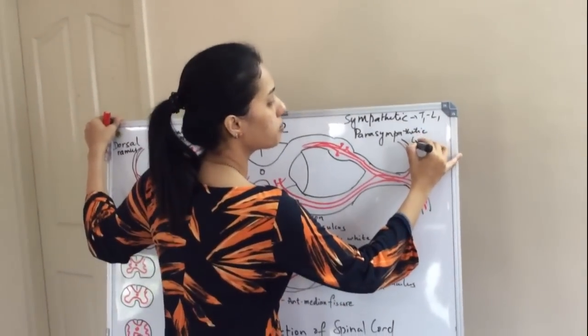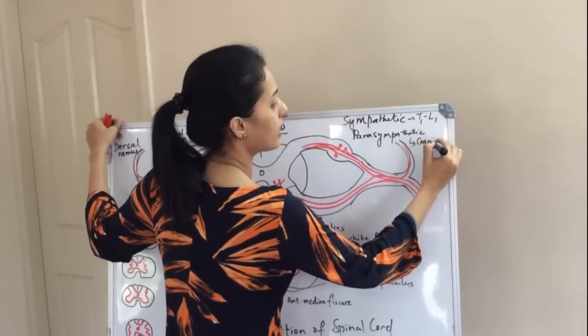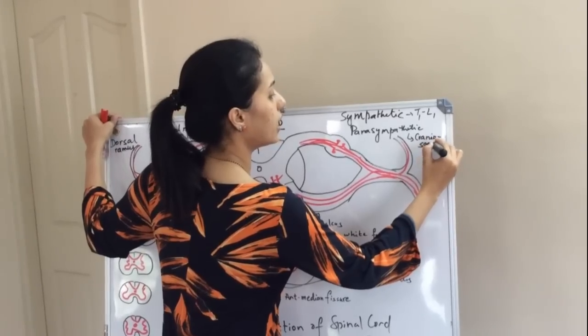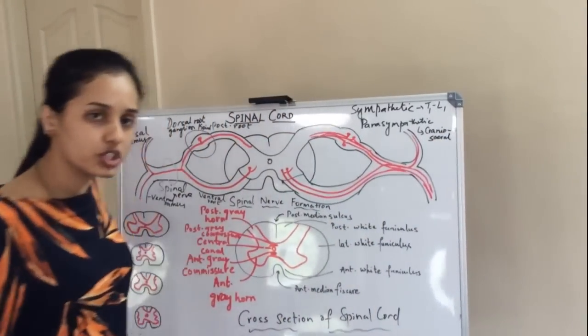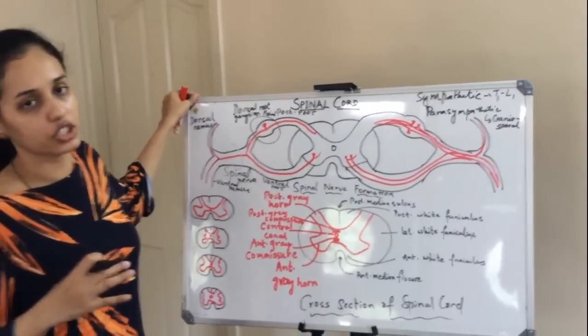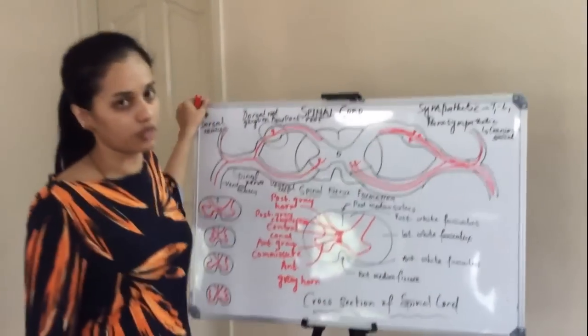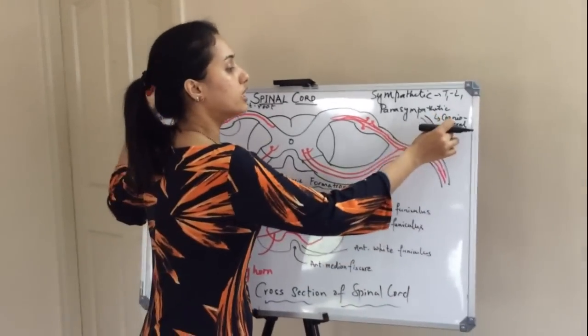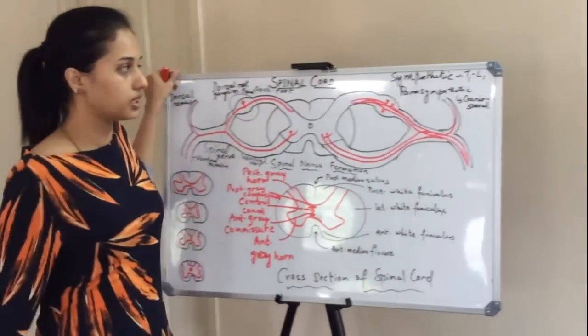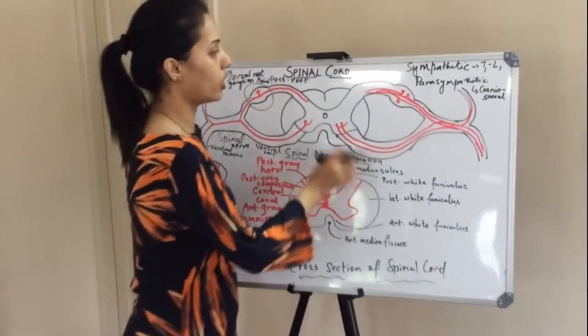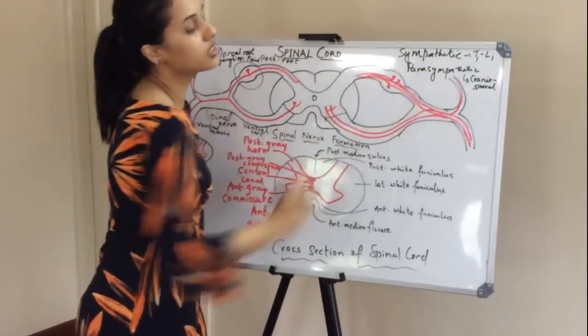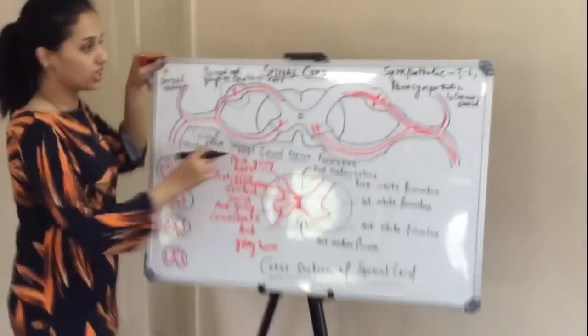And parasympathetic is craniosacral. Some of the cranial nerves have parasympathetic innervation, and also the lower sacral region S2, S3, S4. So those even have the parasympathetic innervation. So the sympathetic and parasympathetic have their cell bodies in the thoracic and the sacral region. So the T1 to L1.